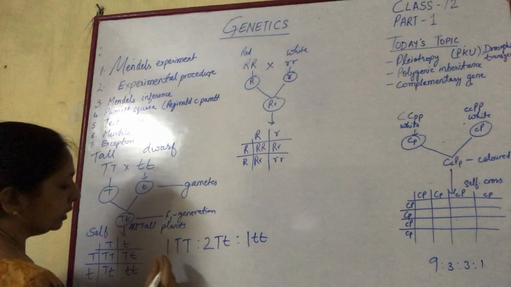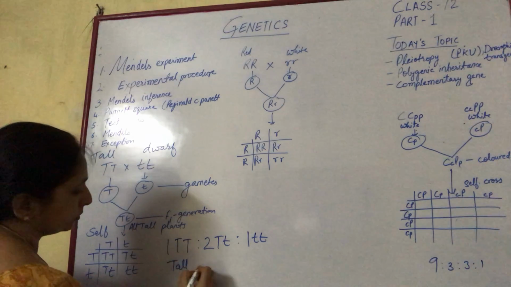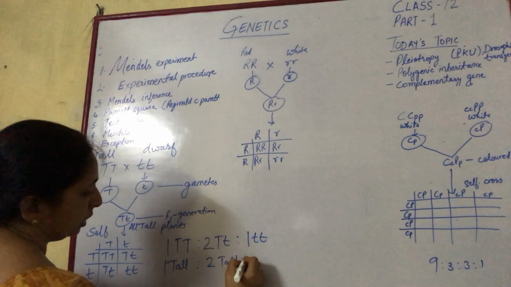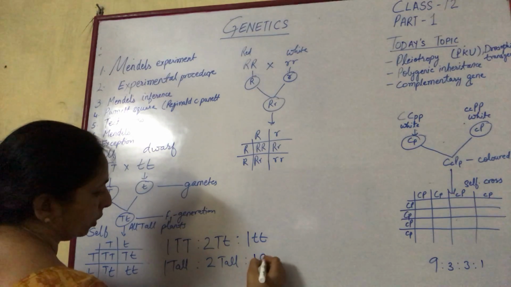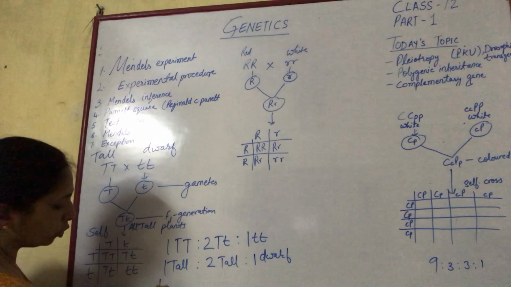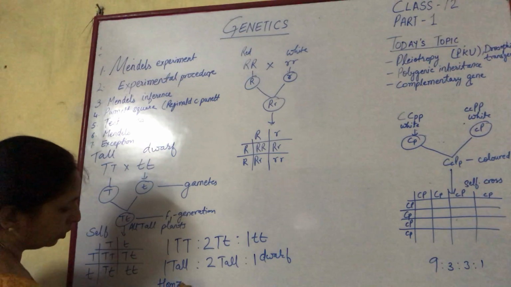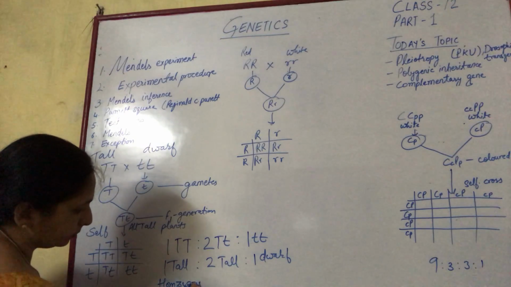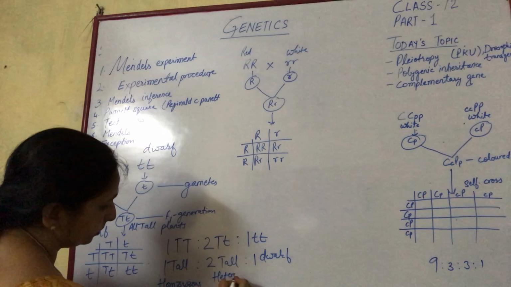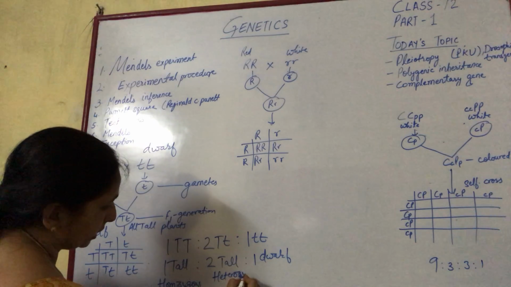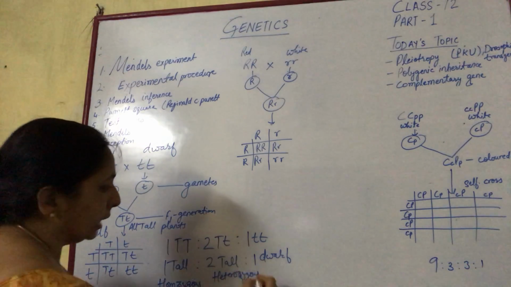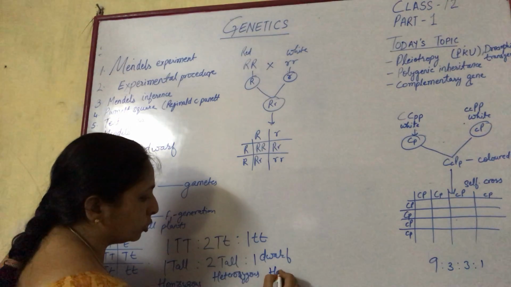It means one tall, two tall, one dwarf. The first one is homozygous tall, while the second one is heterozygous tall. In the heterozygous condition, the alleles are from both the parents, and the third one is homozygous dwarf.